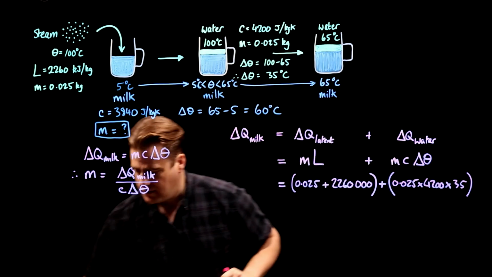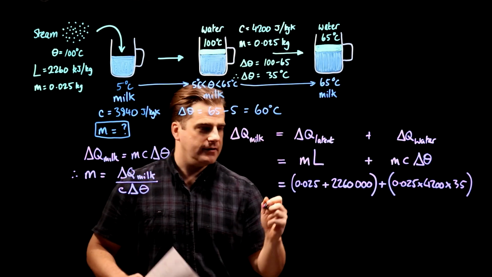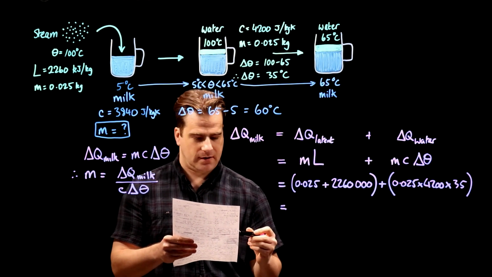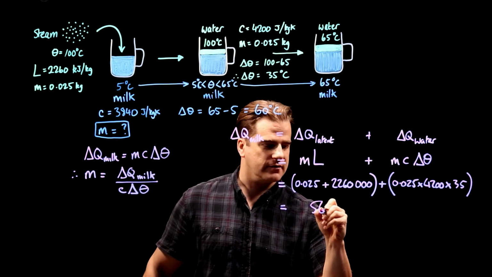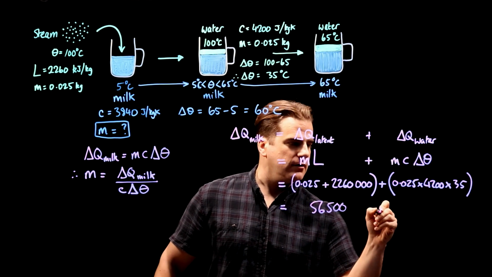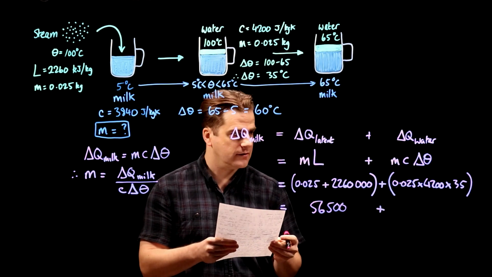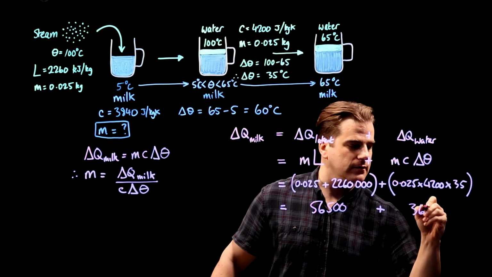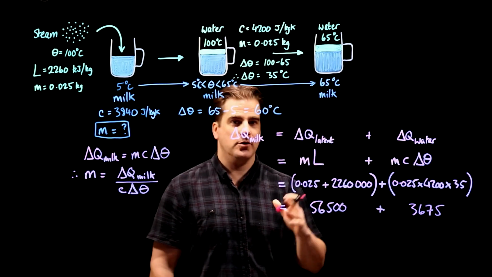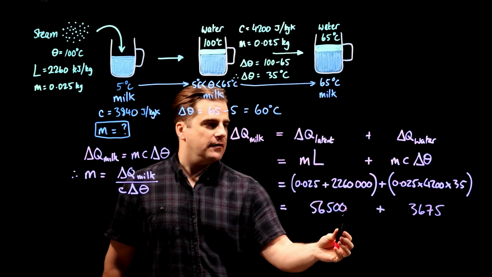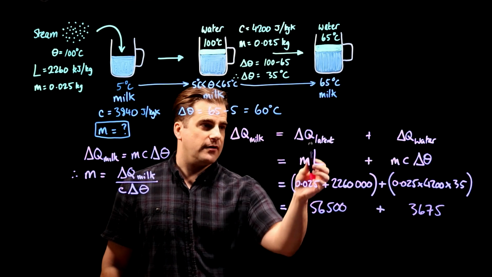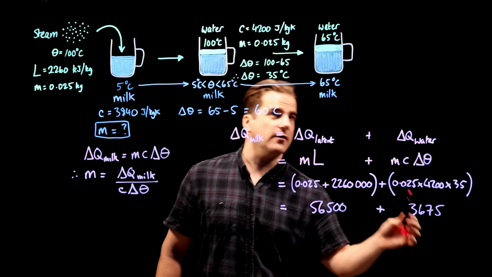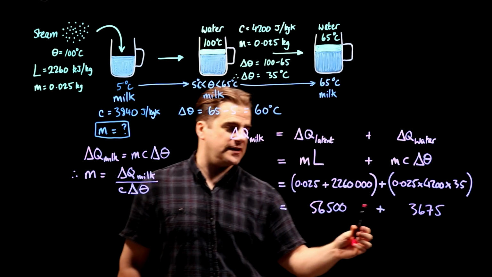Okay, stick these in the calculator and you get, right, this one is 56500. This one is 3675. Okay, let's just pause a second and look at these numbers. The energy you get from latent heat transfer is 5 digits, and just from the water is 4 digits.